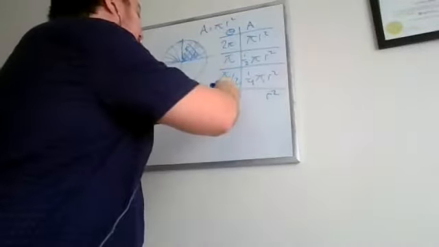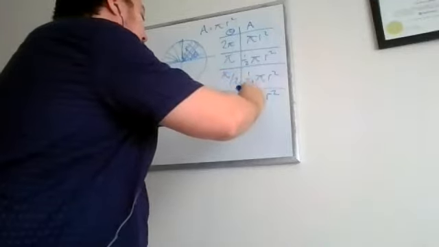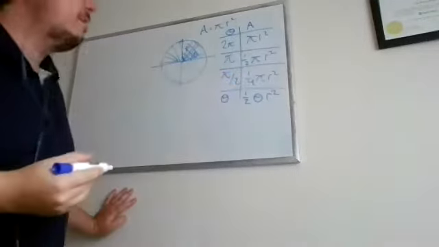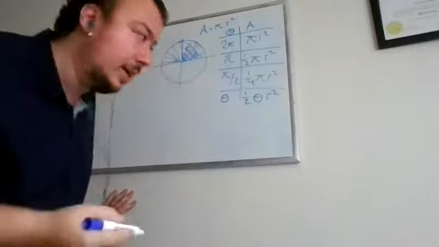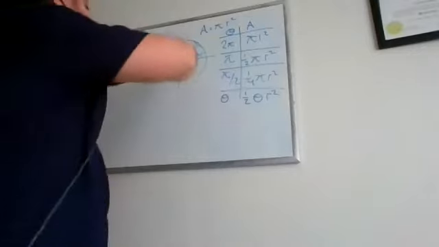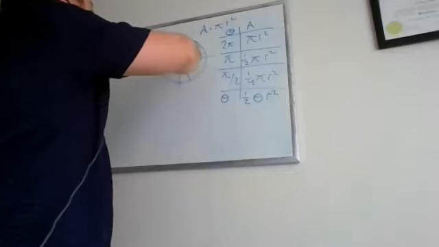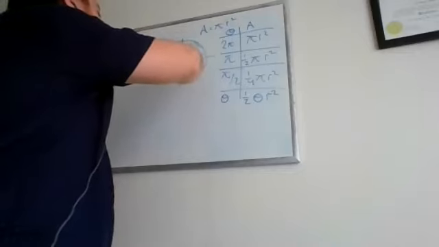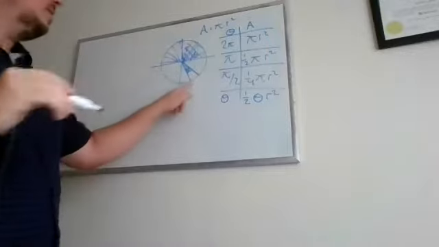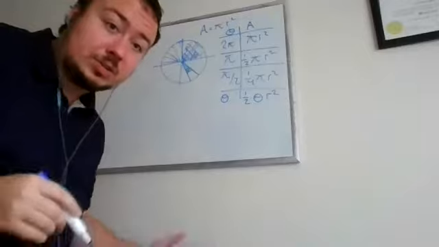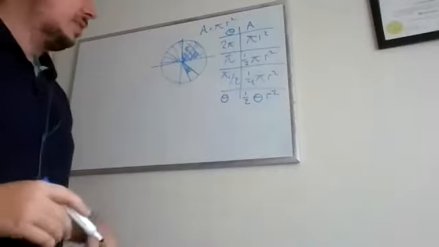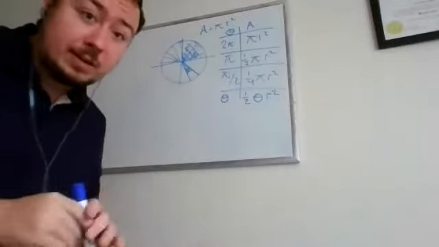So whatever our angle is, we always have 1/2 of that angle times r squared, and that gives us our area. For example, the area of any sector of a circle, any slice of the pie, is going to be 1/2 theta times r squared, whatever this angle is.